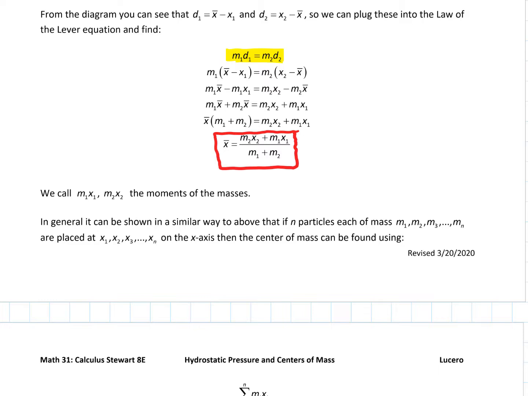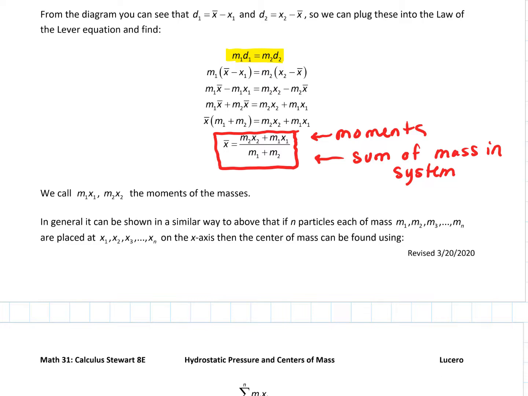So we call M1 X1, M2 X2 the moments of the mass. And then, of course, the denominator here is just the sum of the mass in the system. So these are called the moments. And this is the sum of the mass in the system.